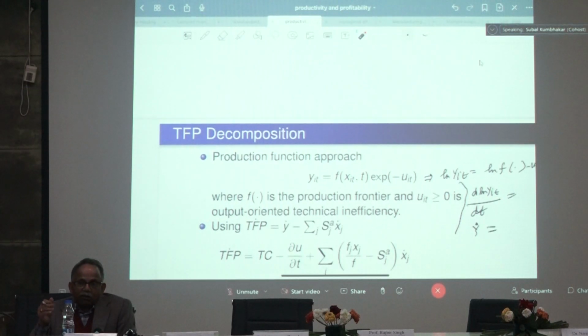So if somebody says, well, I don't want to encode it because it's not going to affect TFP dot, your response would be that no, that's not valid, because including heterogeneity will affect your estimates. And your estimates get into the definition of technical change, technical efficiency change, returns to scale and everything. So all those components are going to be affected based on whether you include heterogeneity or not.